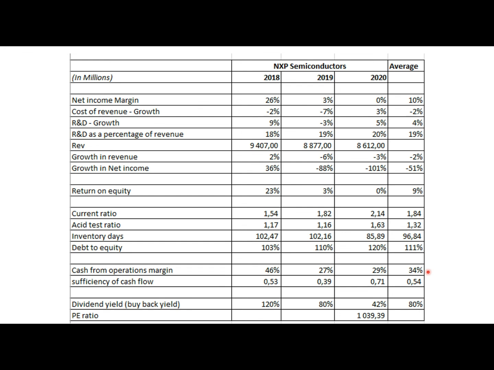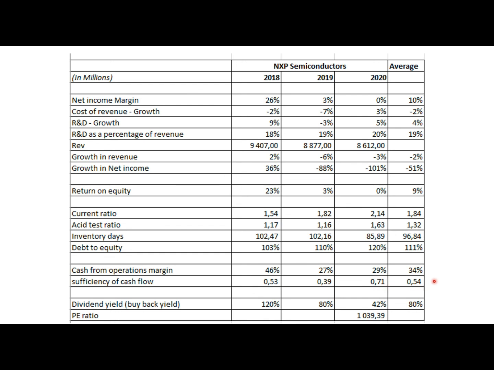The sufficiency of cash flow is below the industry average of 0.84, which, when you read it with the declining margins, really makes me a bit nervous. I mean, yes, in 2020 the rot was stopped, but still, the cash position just makes me a bit nervous.